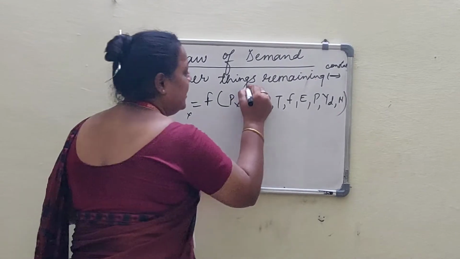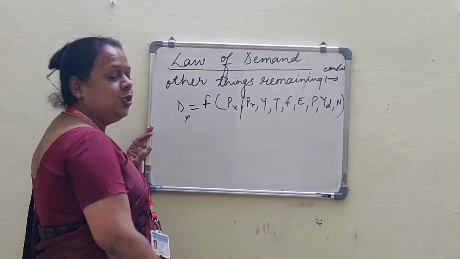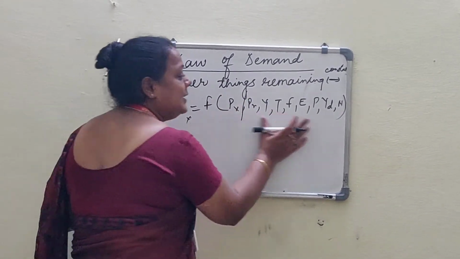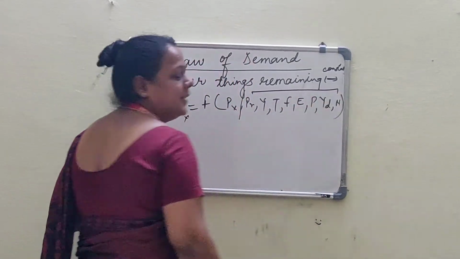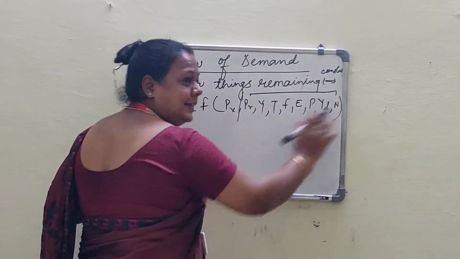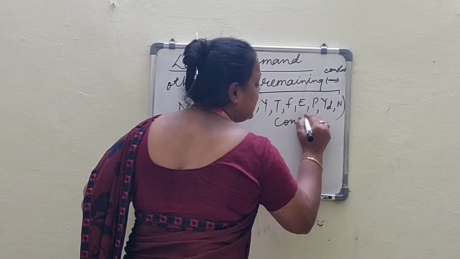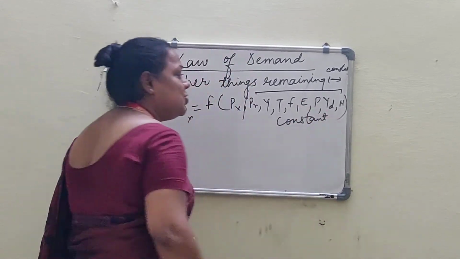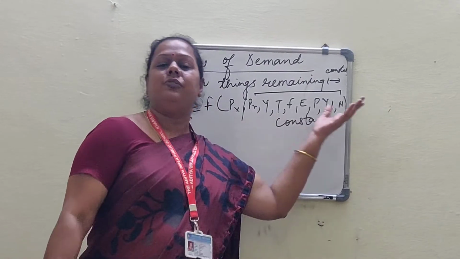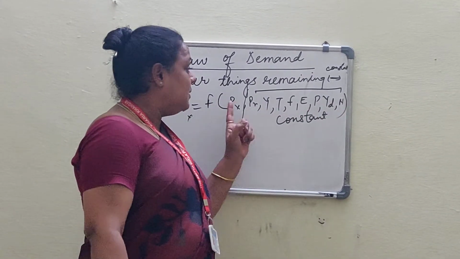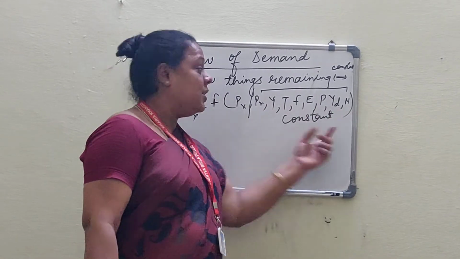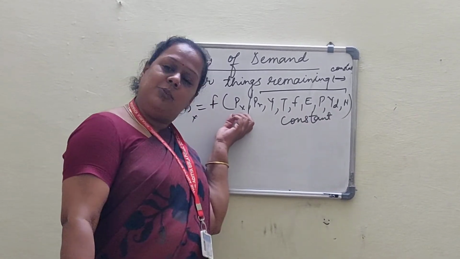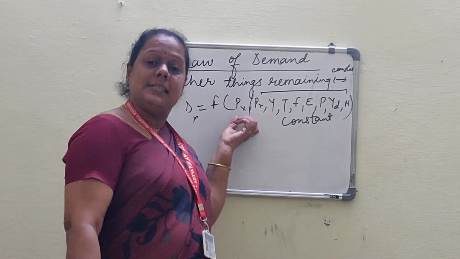If I divide this demand function into two parts, here is price and these all are other things. So when we talk about all these things remaining constant, there is no change in any of them. When there is no change in any of these things, only the price of the own commodity is affected.